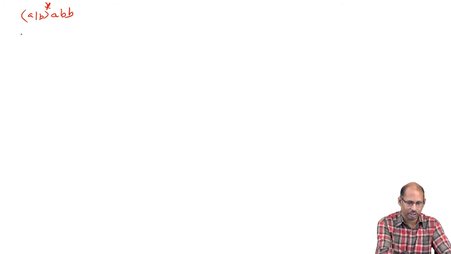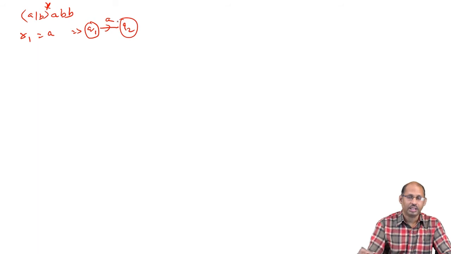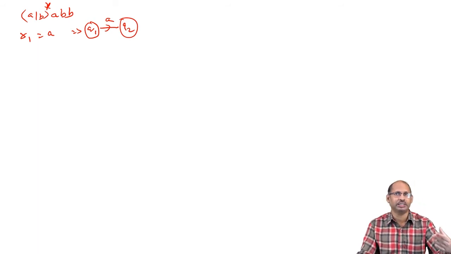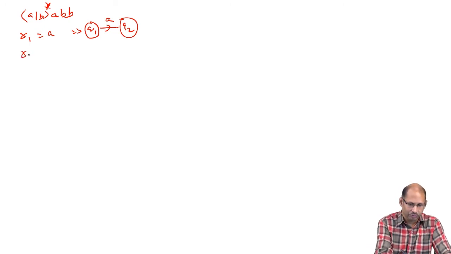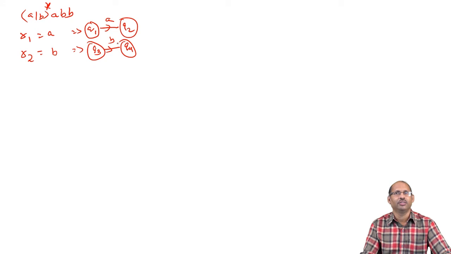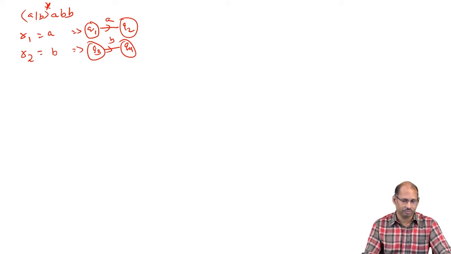First we consider R1 as A, which says Q1 on A goes to Q2. Like we are assuming the first regular expression is A, then the equivalent finite automata is Q1 on A goes to Q2. Then we are assuming that the second regular expression is B, then Q3 on B goes to Q4. Right? For B we have written.